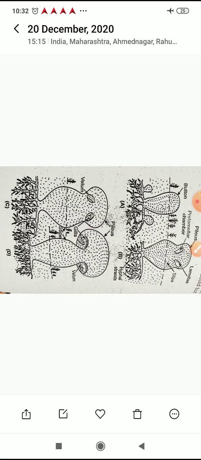So this happens inside the soil, and this phase, which is under soil, is long-lived and abundant.